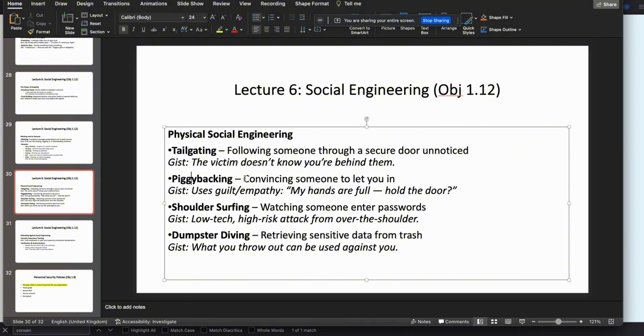And piggybacking means, you are in the lift, someone is holding popcorn in both hands, and they say, oh mate, can you press the fifth floor? I have only 2 hands, and both are engaged with popcorn, I cannot swipe. You say okay, no worry, let me help you.